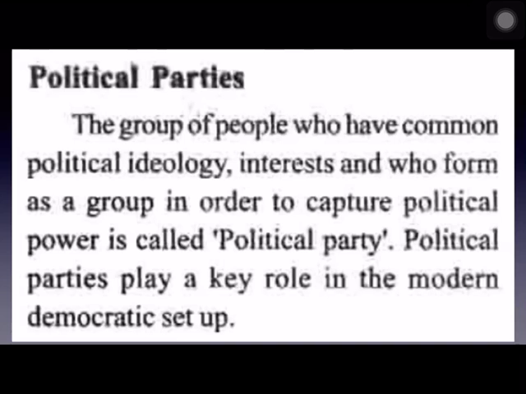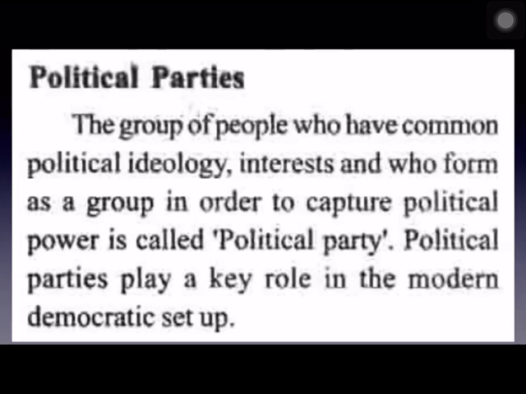Now, political parties. What are these political parties? The group of people who have some common political ideology and interest, and who form a group in order to capture political power. Naturally, if they form a political party, their main aim is to capture political power. Political parties play a very key role in modern democracies.